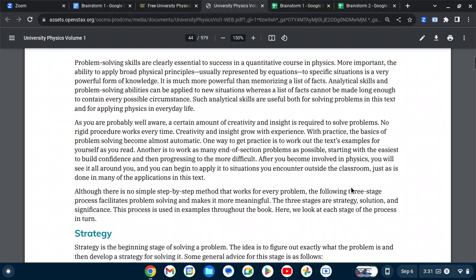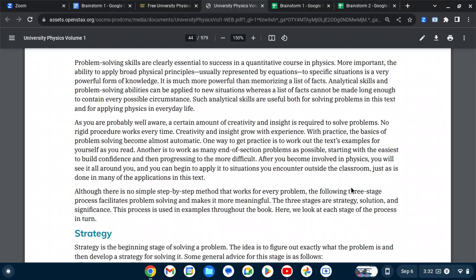Problem-solving skills are clearly essential to success in a quantitative course in physics. More important, the ability to apply broad physical principles, usually represented by equations, to specific situations is a very powerful form of knowledge. It is much more powerful than memorizing a list of facts. Analytical skills and problem-solving abilities can be applied to new situations, whereas a list of facts cannot be made long enough to contain every possible circumstance.